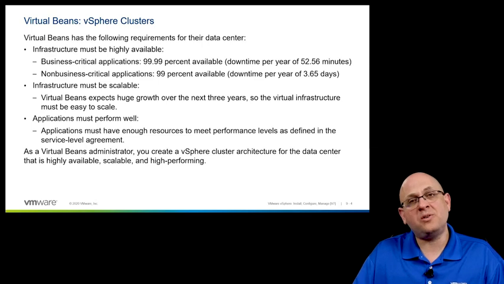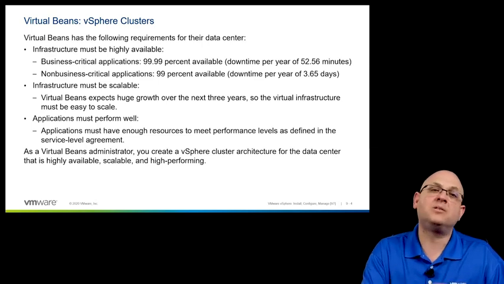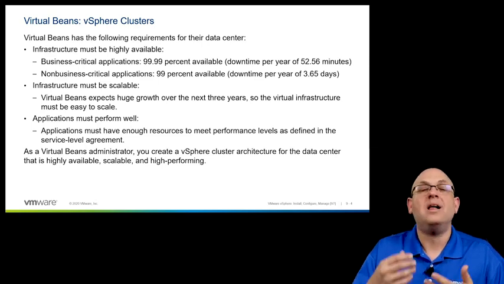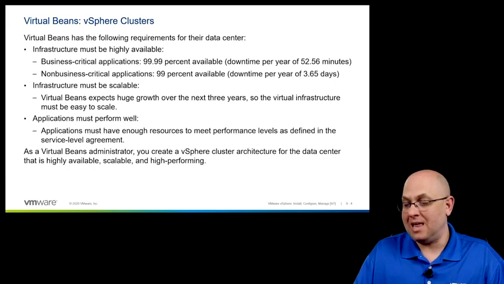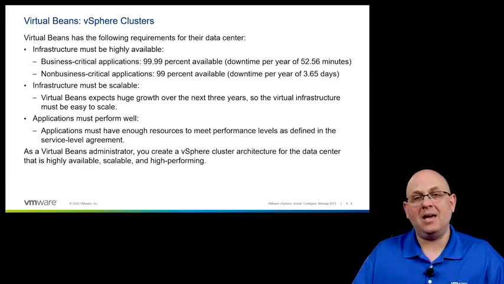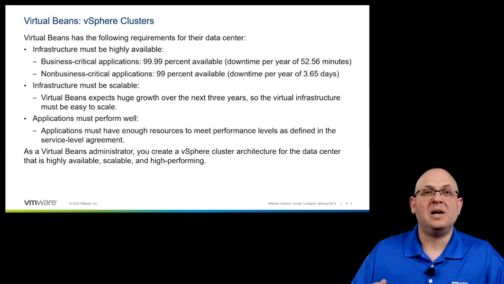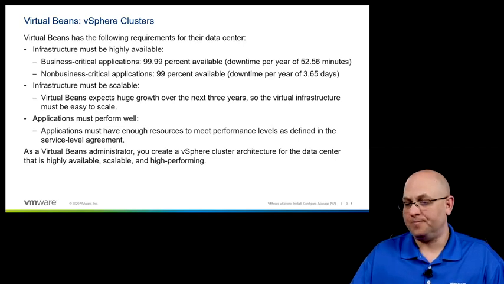And we have to make sure that those applications, once they land on the hosts, actually do perform well, that they get the resources that they need. So that is our job as a vSphere administrator in working with clusters.